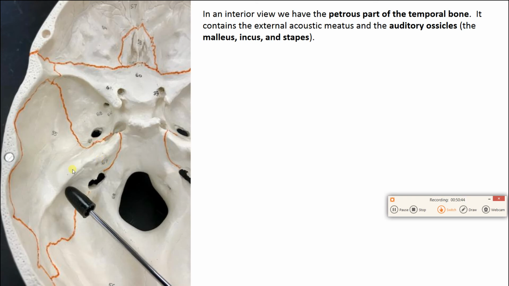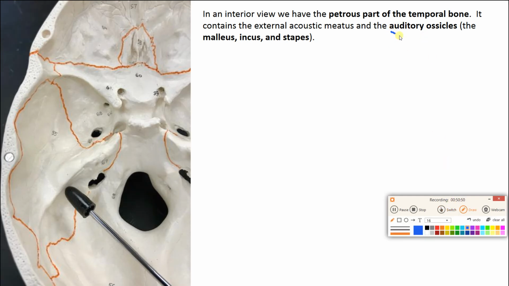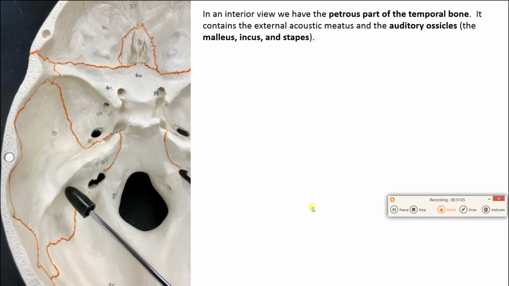The 3 bones are the auditory ossicles. Auditory because they're involved in hearing. Ossicles because they're little. They are the malleus, the incus, and the stapes. And, wow, I think we just named everything on that temporal bone. That was kind of a lot, wasn't it?